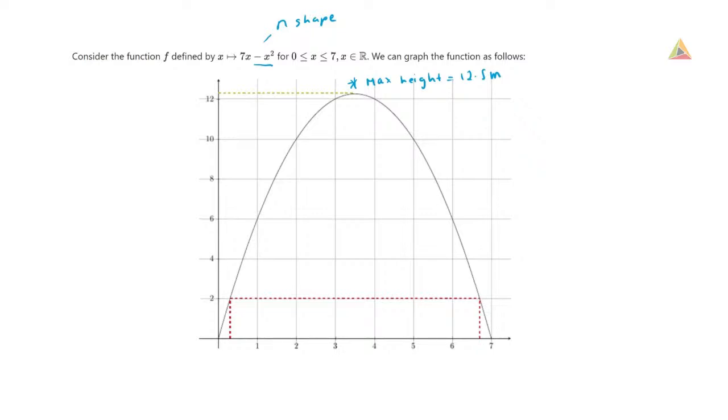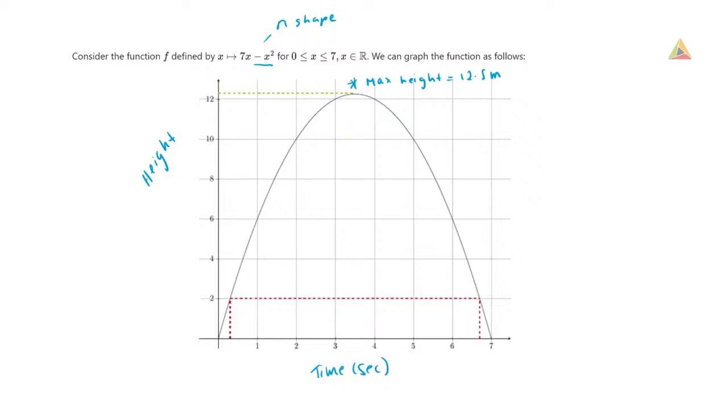Now, if we wanted to estimate the number of seconds that the ball was more than 2 meters above the ground, actually we'll just put height on the y-axis, I should have put this in first, so height, and then on the x-axis it's going to be time in seconds.